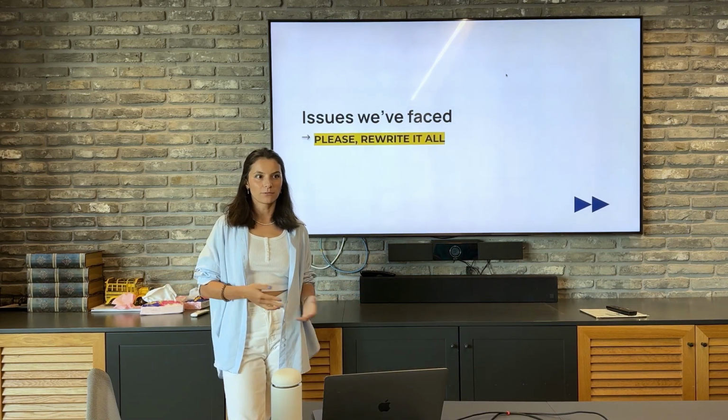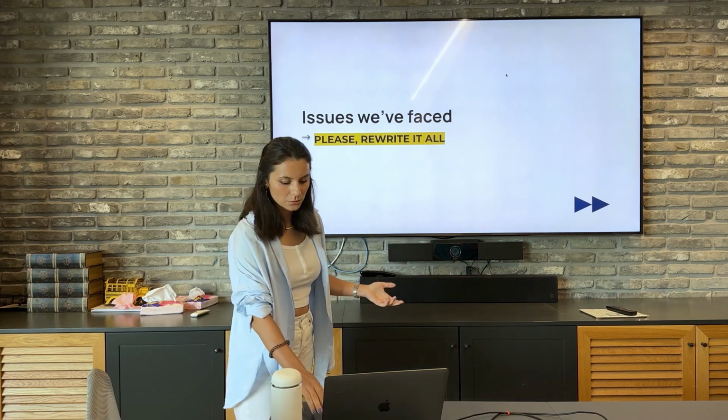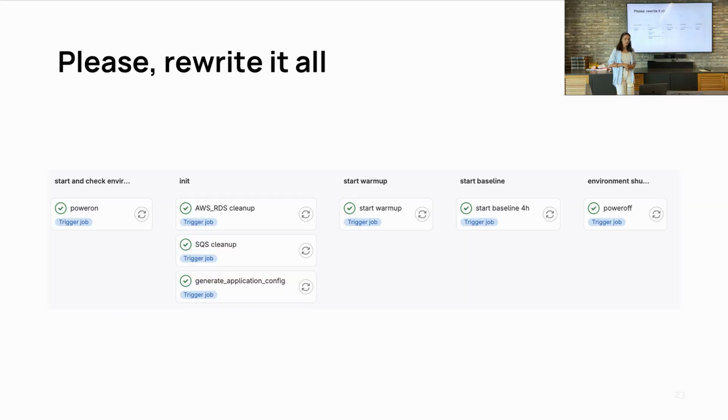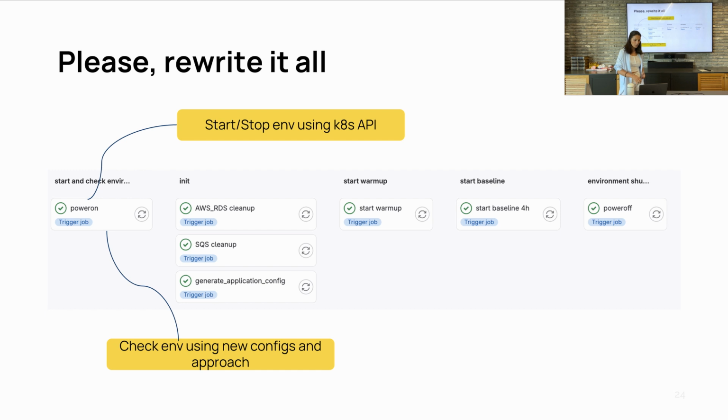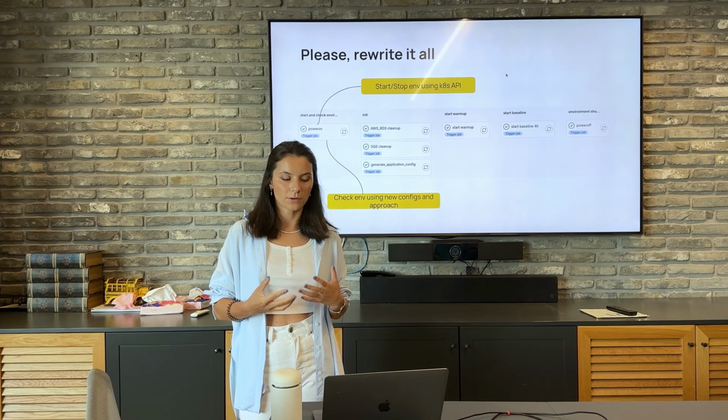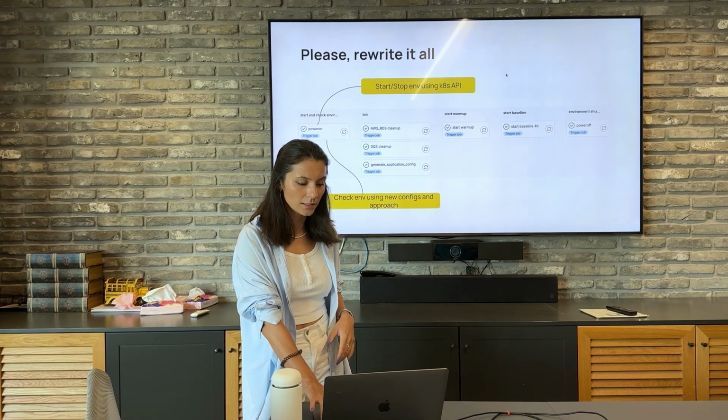As I already said, we have a lot of automation, and with the new technology we had to rewrite a lot of it and actually the approach to this automation. Now we stop and start the environment using special Kubernetes libraries, the Kubernetes API. It has its own issues also, and we also need to revise our approach to checking the environment because it doesn't work as it used to.